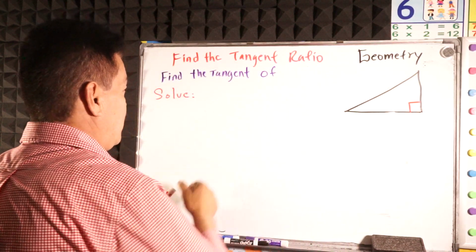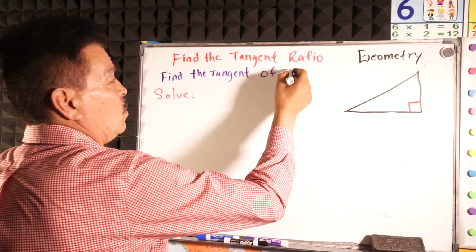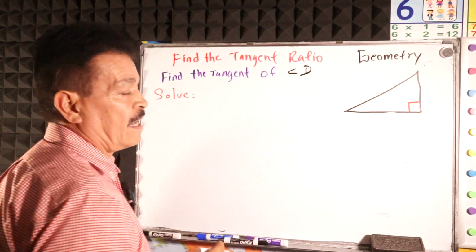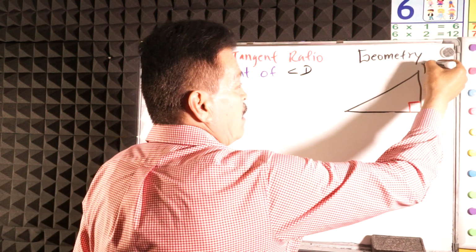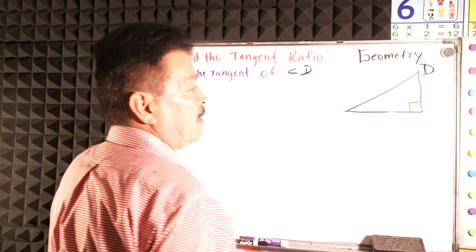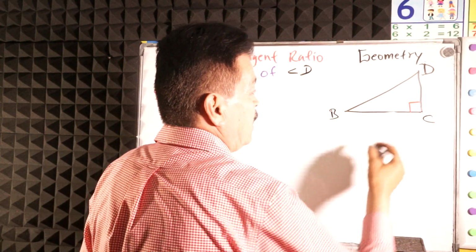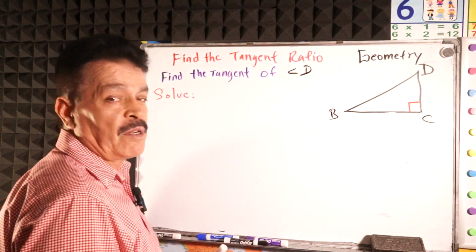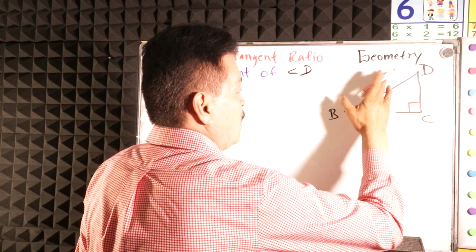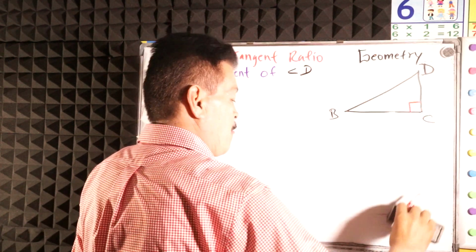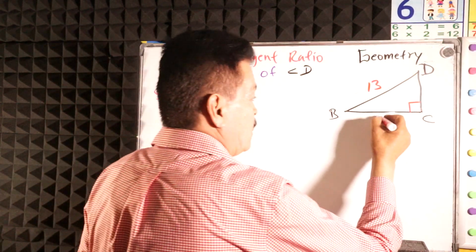And here, let's find the tangent of angle D. Right, let me write D right there, and then let's write B and C, and then the values. Let me write here 13. No, 13, not 12. 13, and then this is 12 and 5.